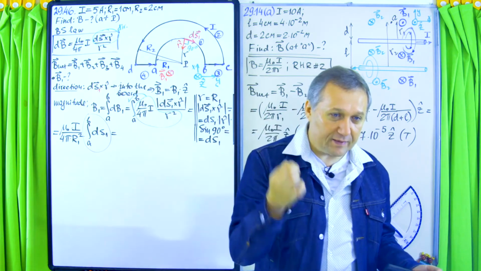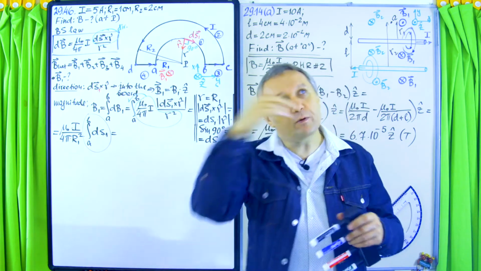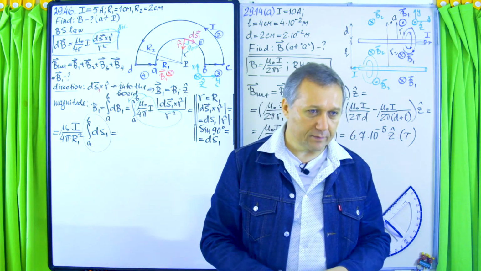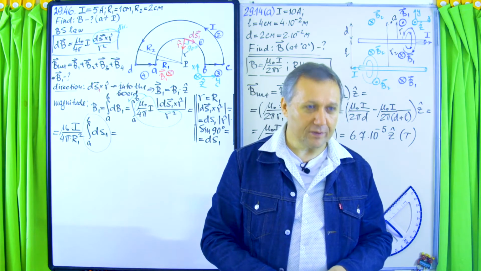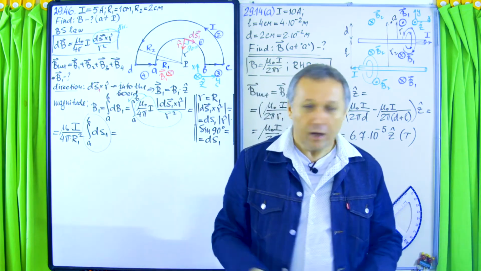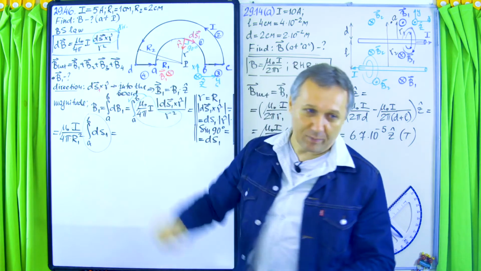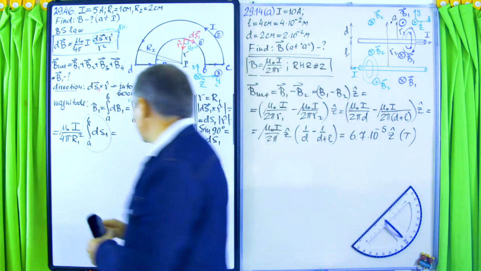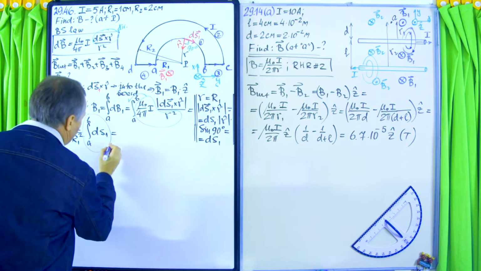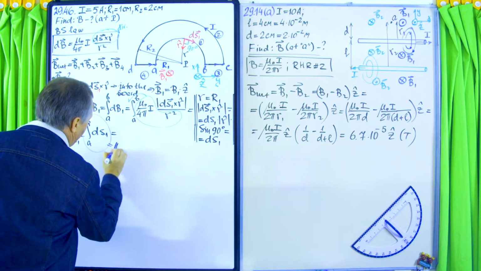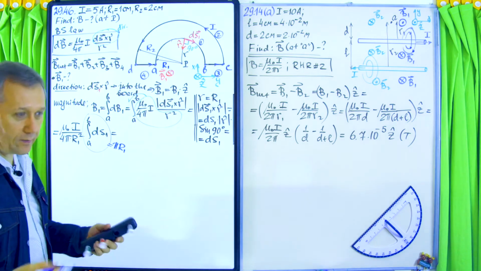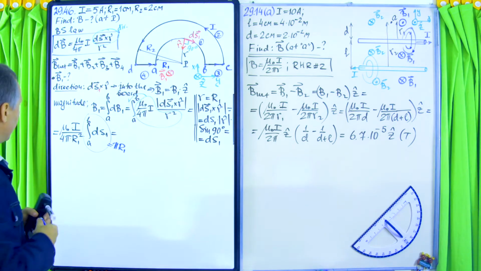Half of the length of this semicircle, right? It's a half of the circumference. So circumference is 2 pi r, but in this case, half of that, so it will be pi r1 capital, right? So let me write, so it will be equal to pi r1. 2 pi r circumference, this is only pi r.